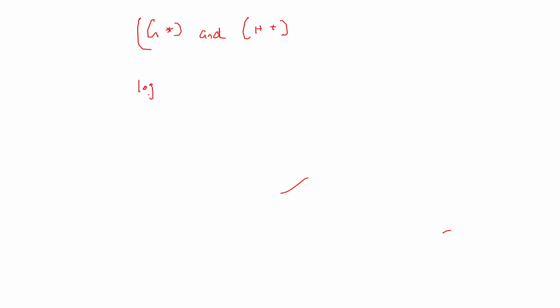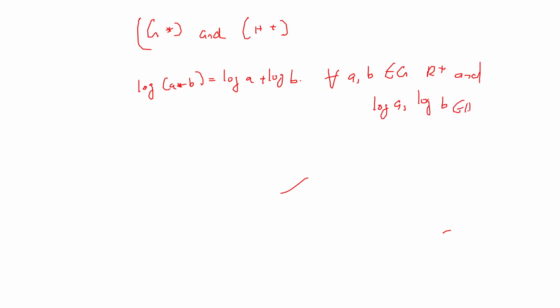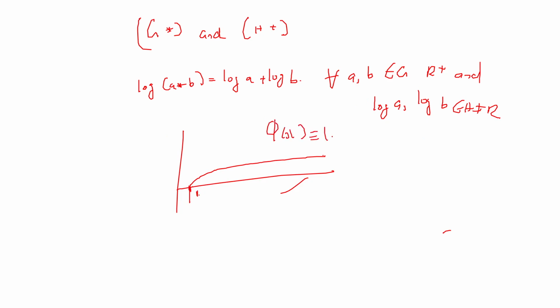So log a star b is equal to log a plus log b for all a comma b belonging to G, that is R plus, and log a comma log b belonging to H, the real numbers. If you plot it, it is a logarithmic function, crossing here at 1, phi of x is equal to log x. So the answer is true.